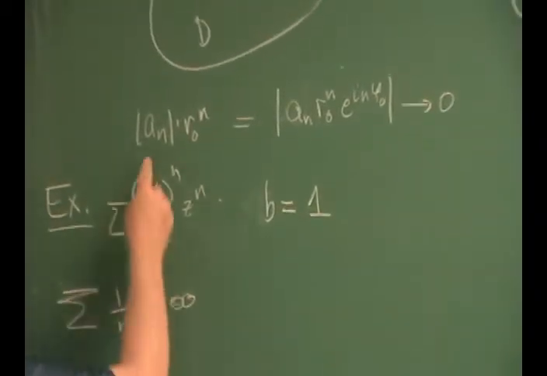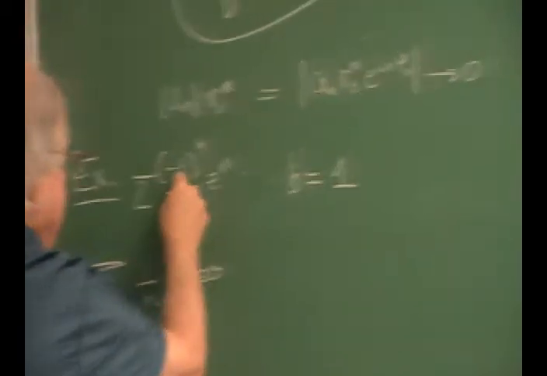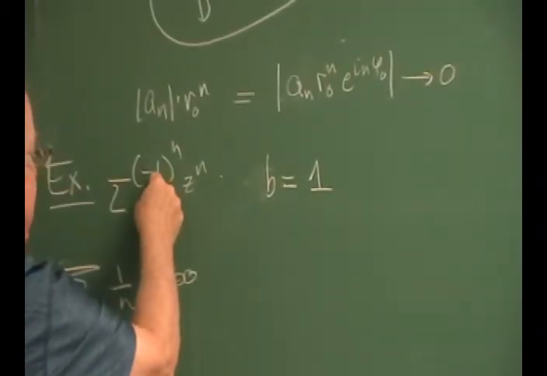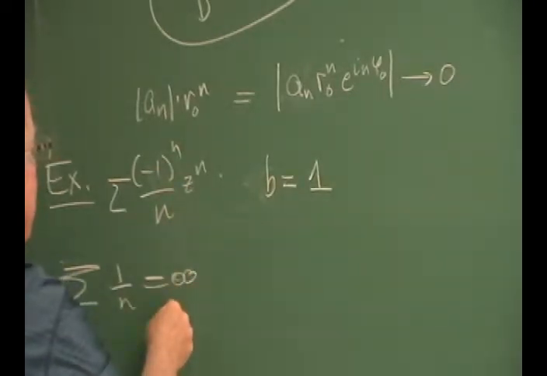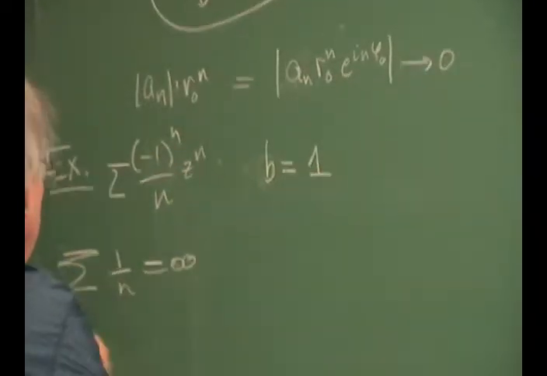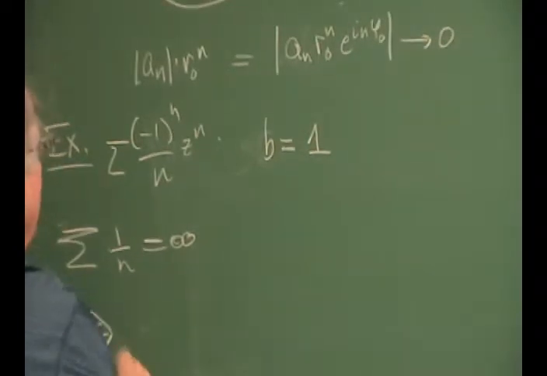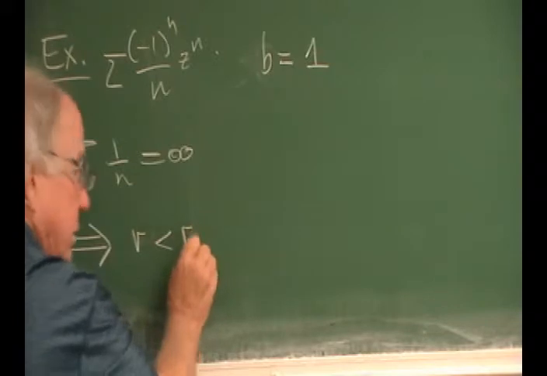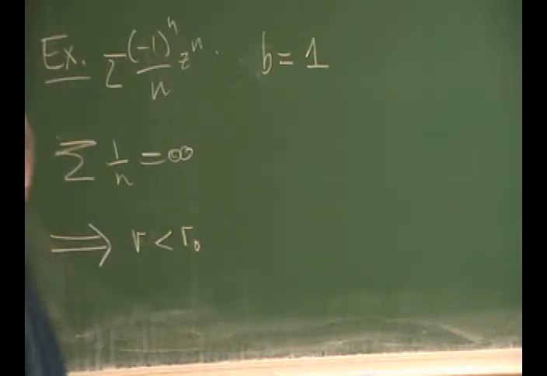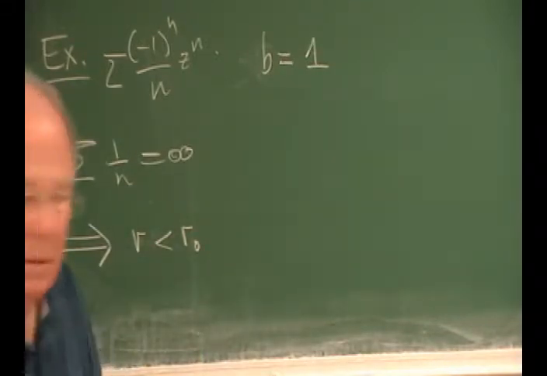So right at the boundary, we really don't know what's going to happen, because you might be lucky, so to speak. But because of this phenomenon, you better go a little bit smaller. So that means, at least for r less than r_0, I'm going to go a little bit smaller.